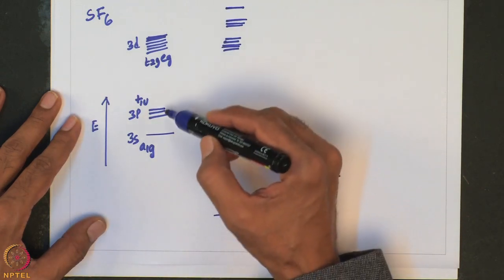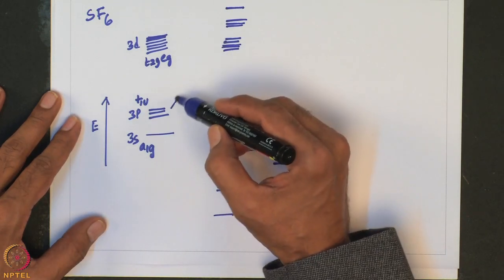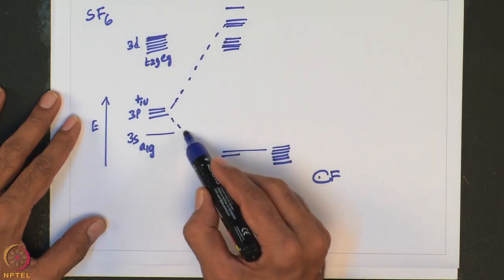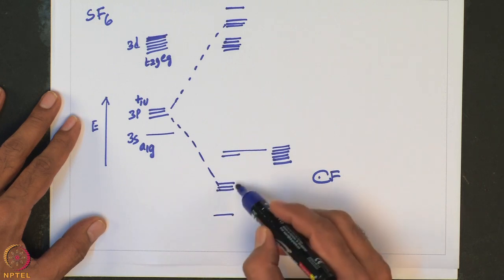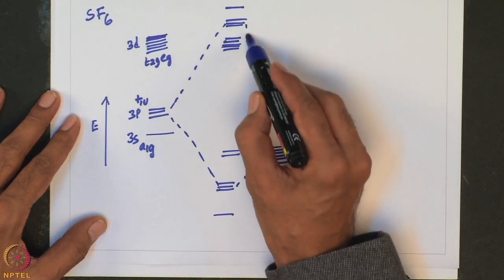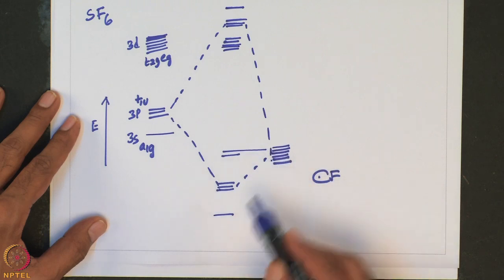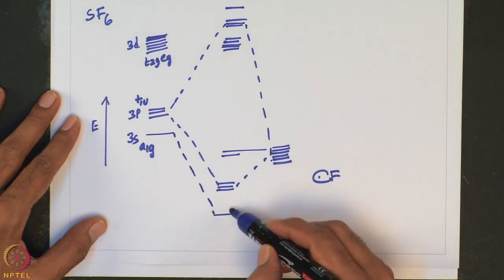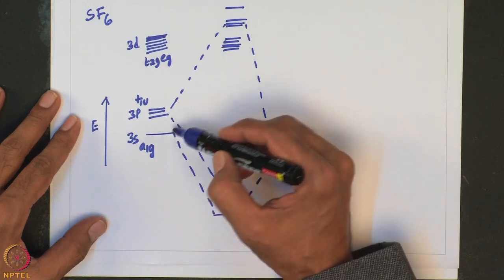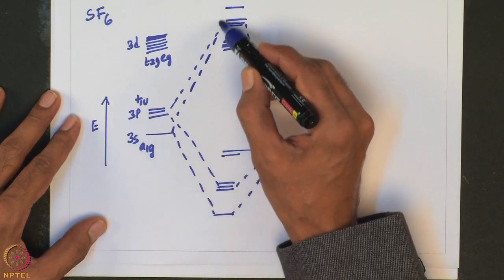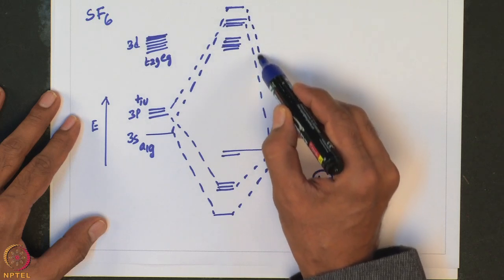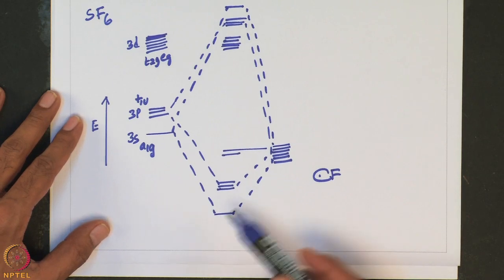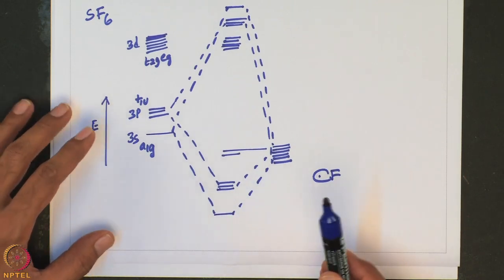So, here, okay, and then 3, okay. So, now we can place the electrons here.